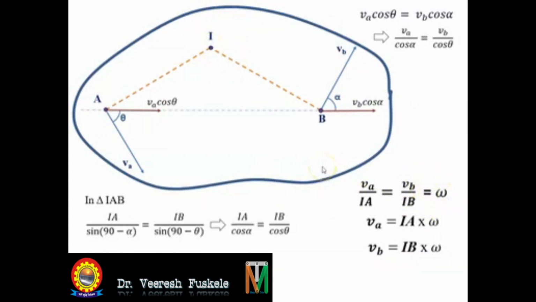Now we prove that the velocity of I is 0 by considering the velocity of point I in the direction of IA and IB.